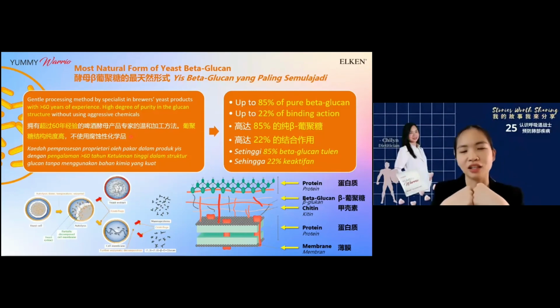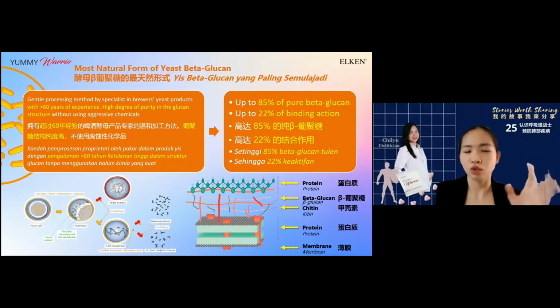So if you're using this patented technology, there's up to 22% of binding action, as compared to if you use aggressive chemicals to extract, the binding would be lower. But if you use a special processing method, its purity would be higher, and at the same time, its binding action would be higher too. This means that it will be more beneficial in boosting our immune and its functions.